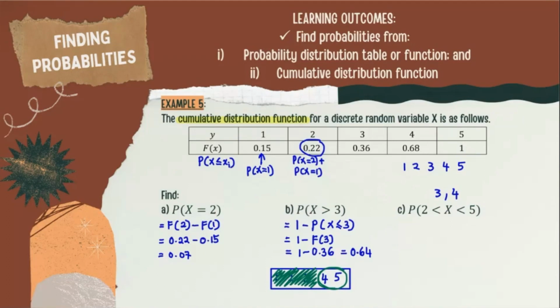If I want 3 and 4 only, I will look for 1 to 4. 1 to 4 is P of X less than or equals to 4, or F of 4.